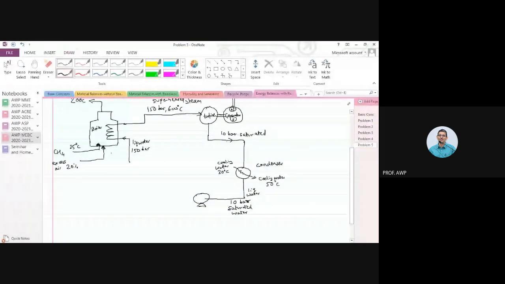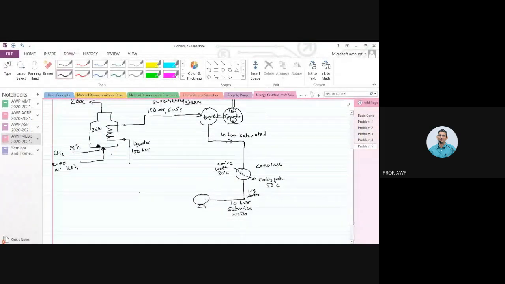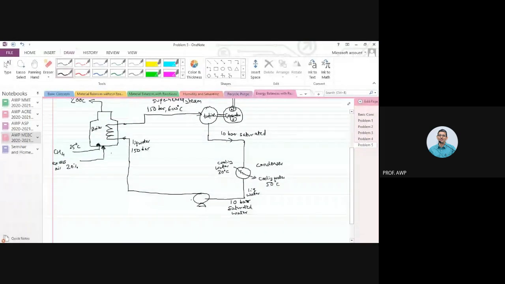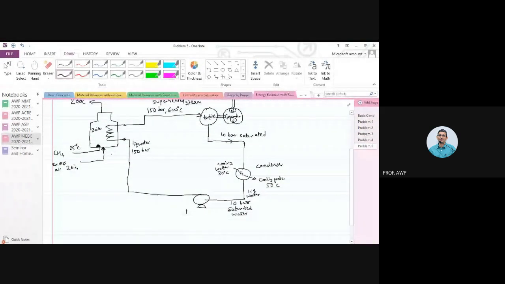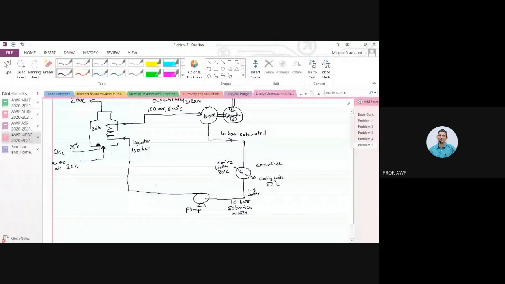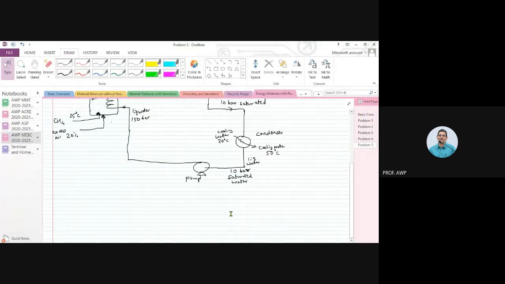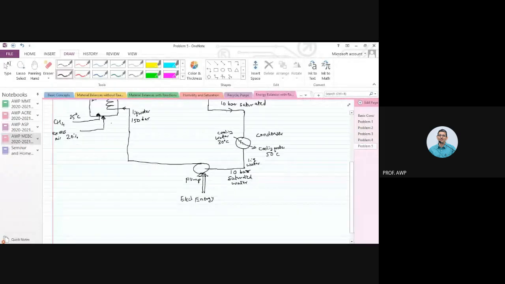So we do that in something that we call a pump. The pump will increase the pressure from 10 bar saturated water to 150 bar. So again, energy would be required for this pump. Electrical energy would be required for this pump.